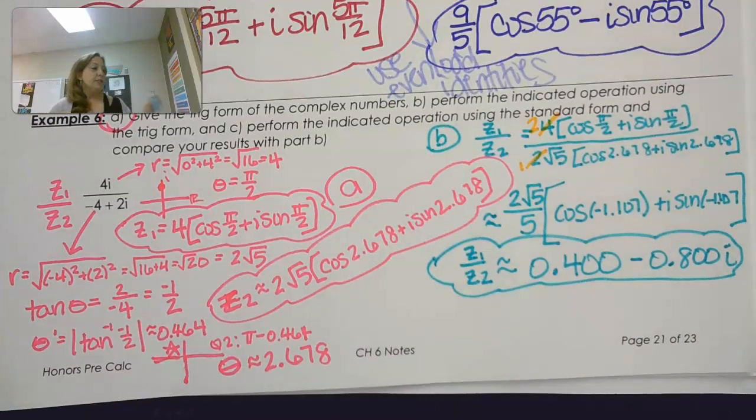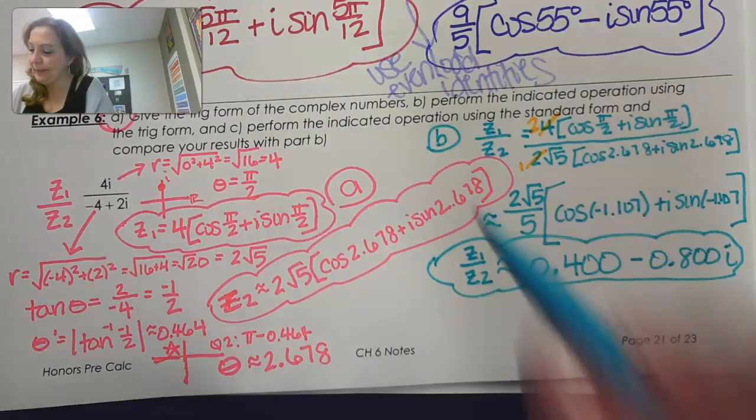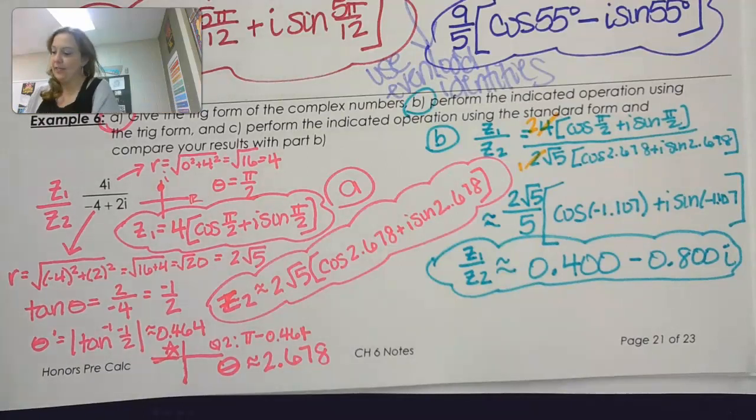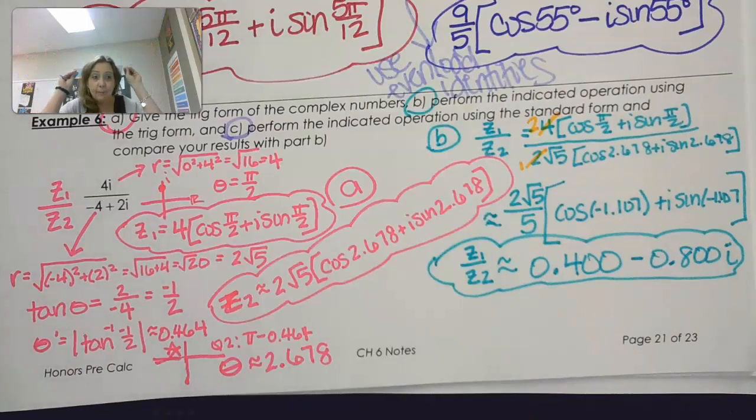Okay. So then letter C asks us to actually perform the operation using standard form, which I totally agree is much easier.